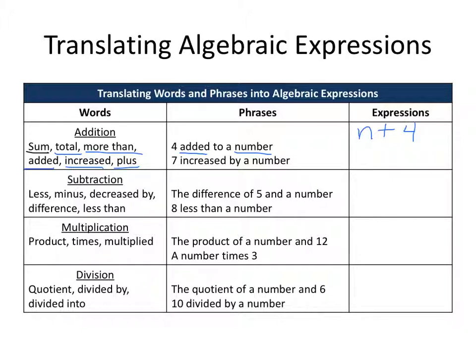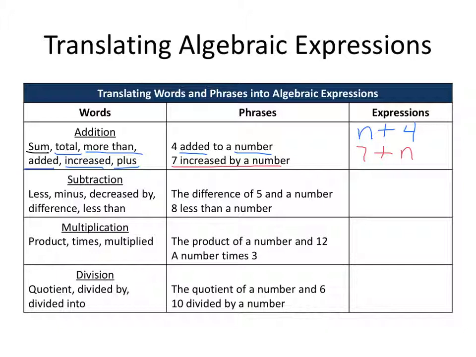So we would write the expression n plus 4 for the phrase 4 added to a number. Then we also have here 7 increased by a number. Increased by indicates addition. So we would have 7 plus n. That would be our expression.